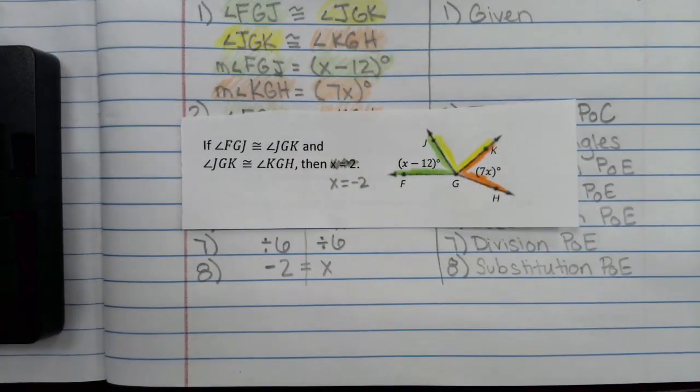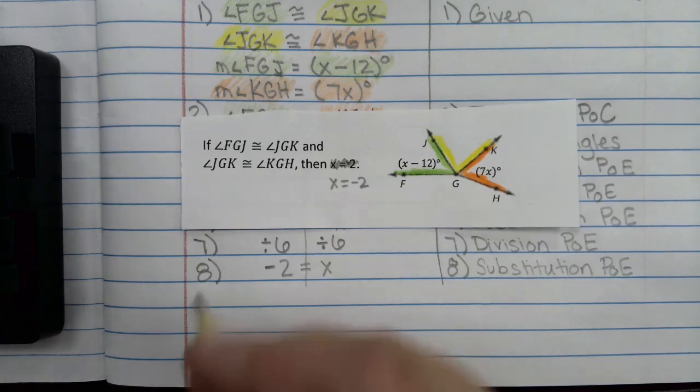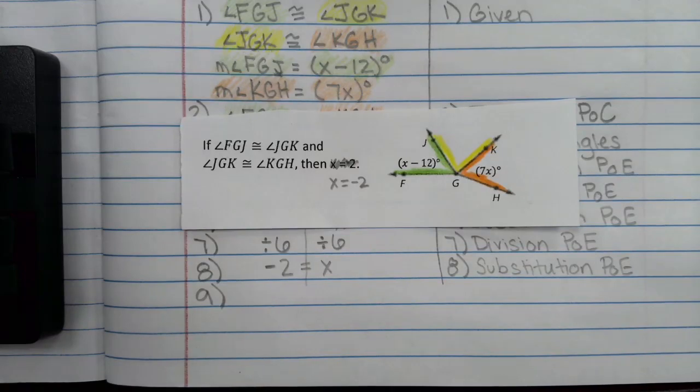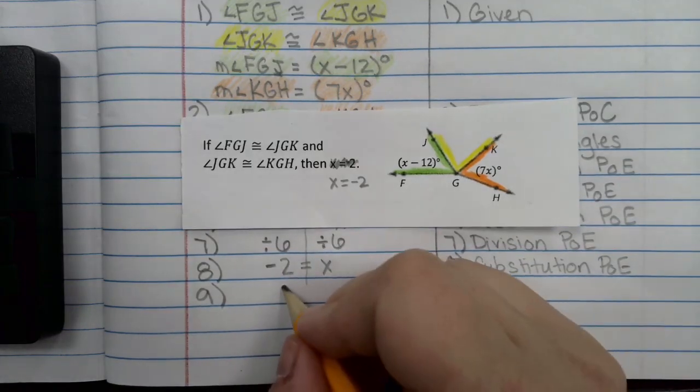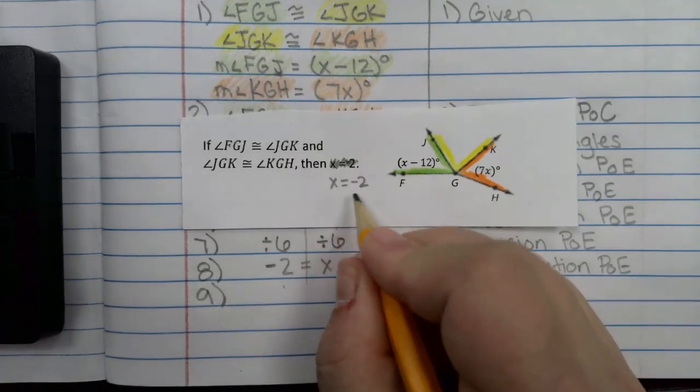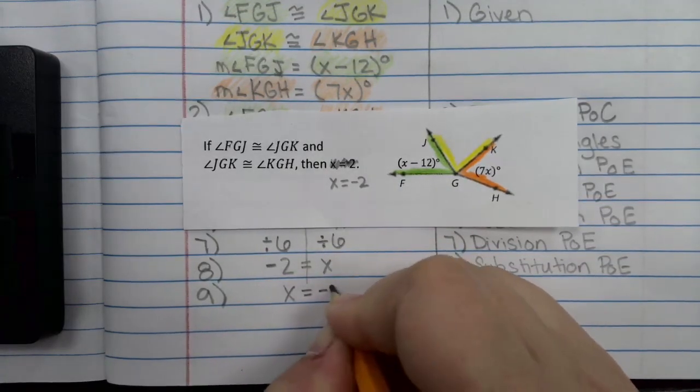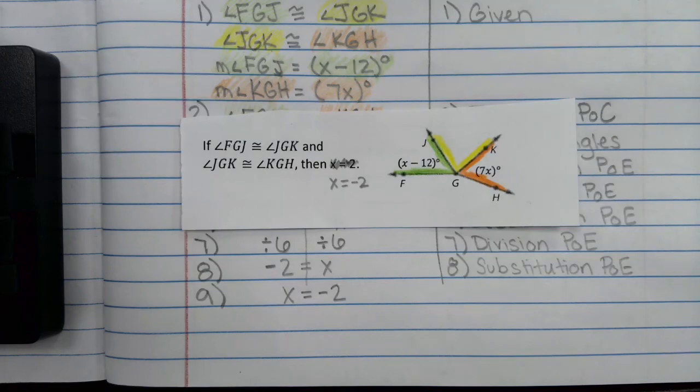All right, did we get to that conclusion? No. What do I need to do now? What's my last step going to be? I have to make it x equals negative 2. It has to look exactly like our conclusion, exactly like the then.